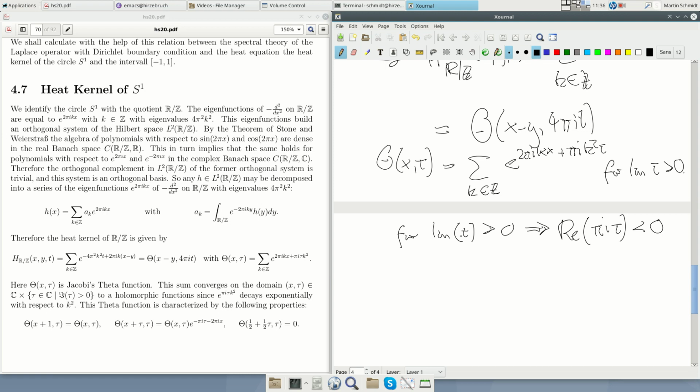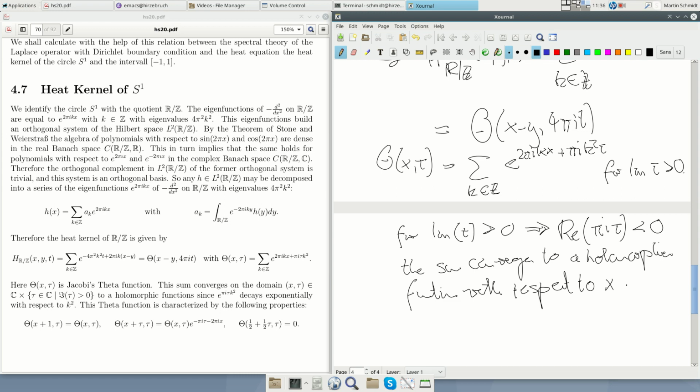So on this domain, the sum converges to a holomorphic function with respect to x and tau.